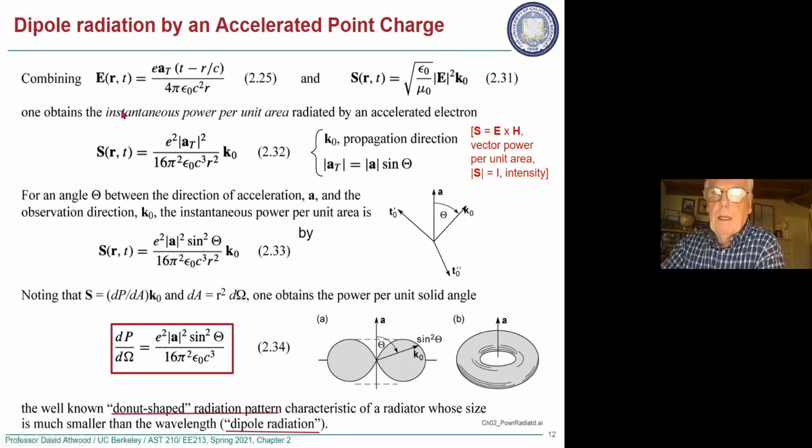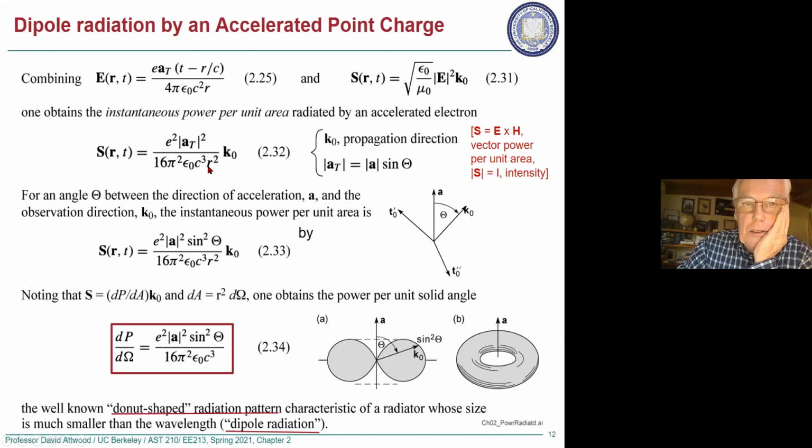So the Poynting vector we found is this quantity here, and we have the electric field here, and so we can put that in here, and we'll just put the modulus squared, okay? The Poynting vector, the vector intensity basically, depends on the modulus of the electric field squared, so that's what's here, and it's going to go in a propagation direction k0, and it has a 1 over r squared.